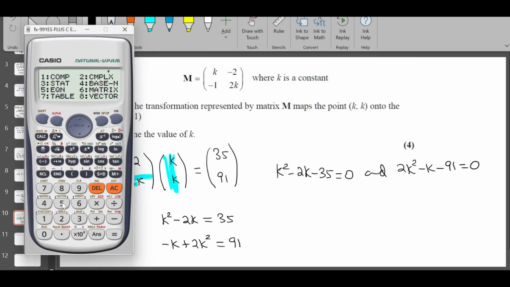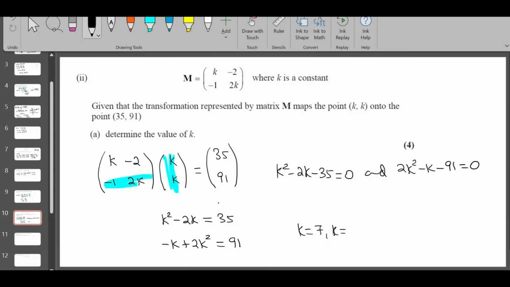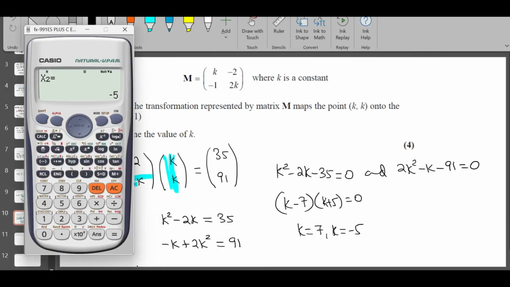I'm going to straight away solve it using the calculator. 1, minus 2, minus 35. You get 7 and minus 5. K is 7, k is minus 5. So you can write it as k minus 7 times k plus 5 is 0. And when you solve the second one, 2, minus 1, minus 91, you get 7 and minus 13 over 2.